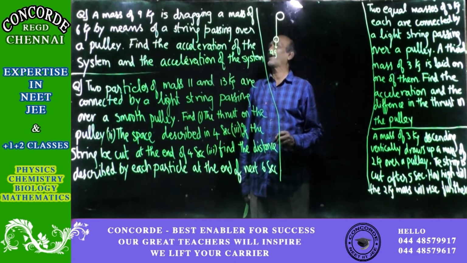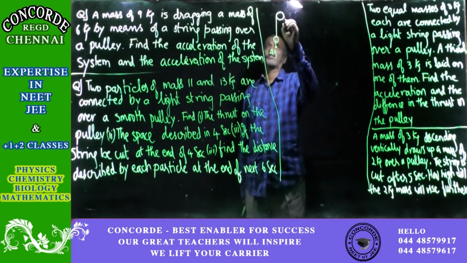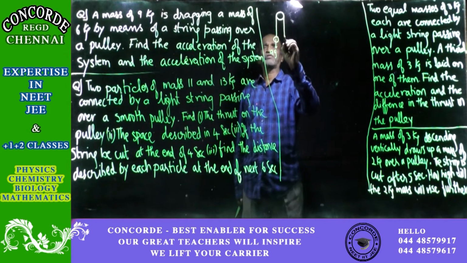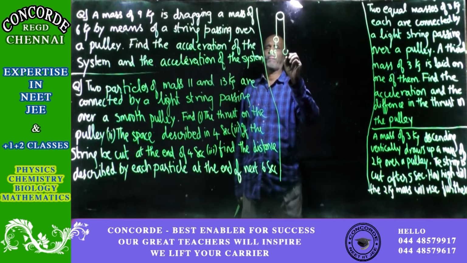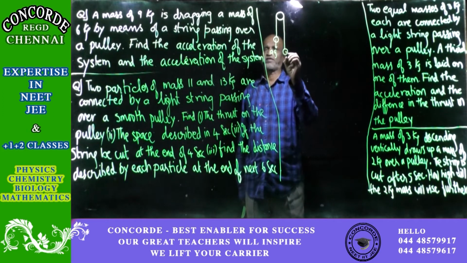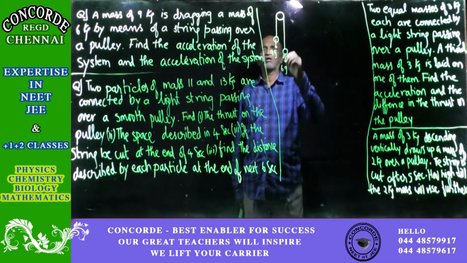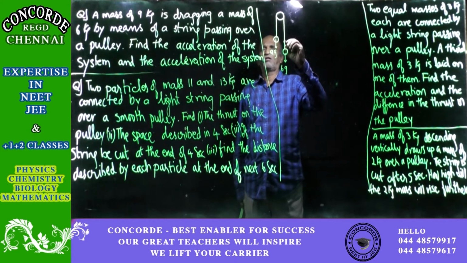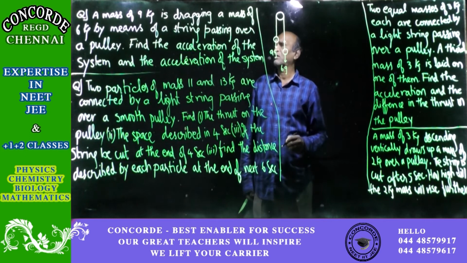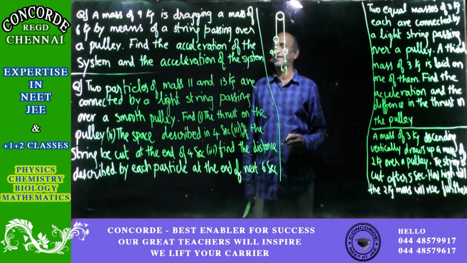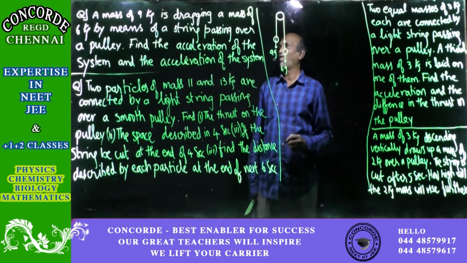It is dragging a mass of 6 kg. 9 is more, 6 is less, so 6g. For that, the mass will be moving up because it is lighter than 9 kg.